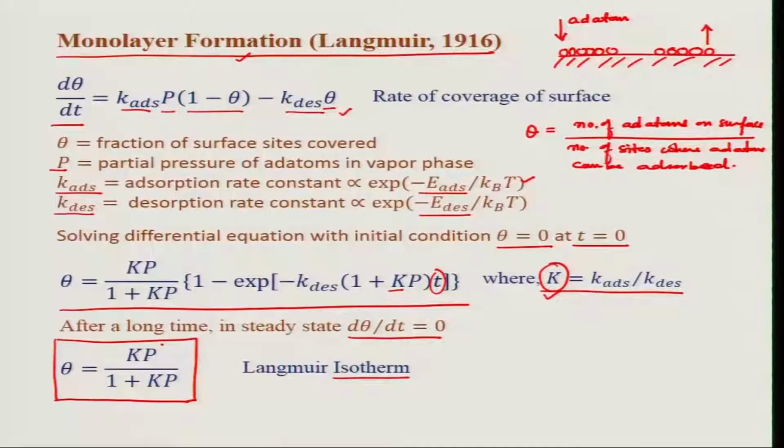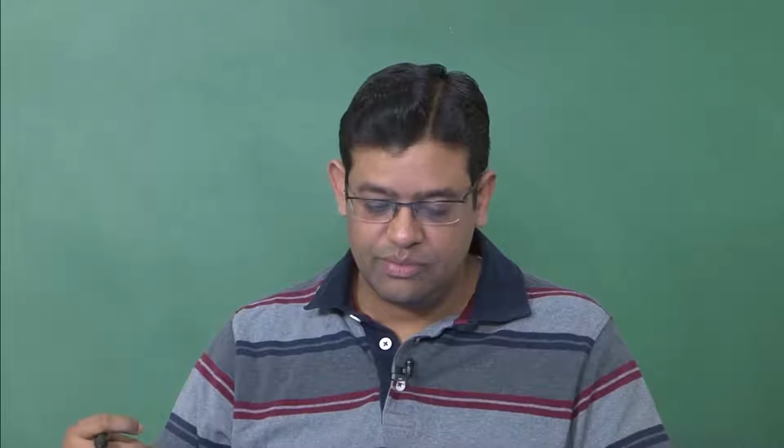Now, it is noteworthy that you will never get complete coverage because of this expression, because there will always be some desorption. As soon as one adatom is desorbed, the site will become vacant.